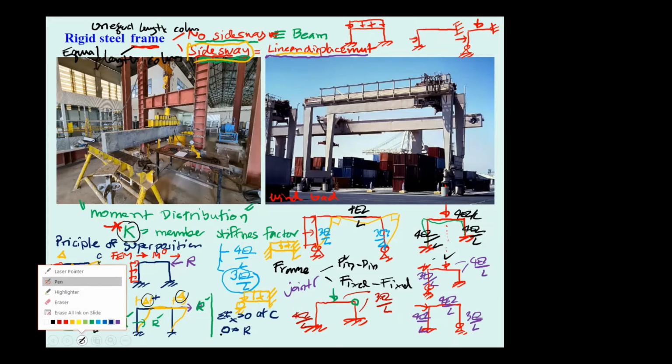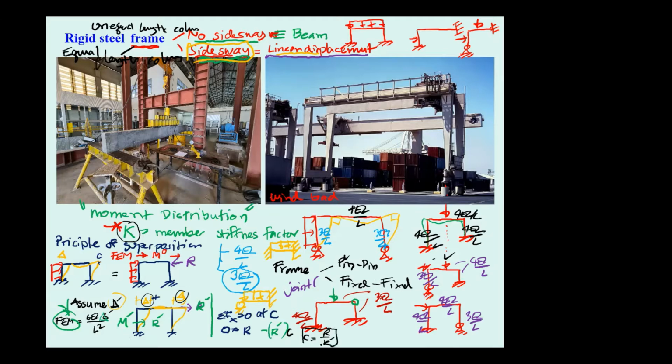You got this one for minus R prime. Since this is not real, you have to have the correction factor. So Professor Hardy Cross proposed the C, and you can compute the C as R divided by R prime, and you use this C to adjust your M prime.